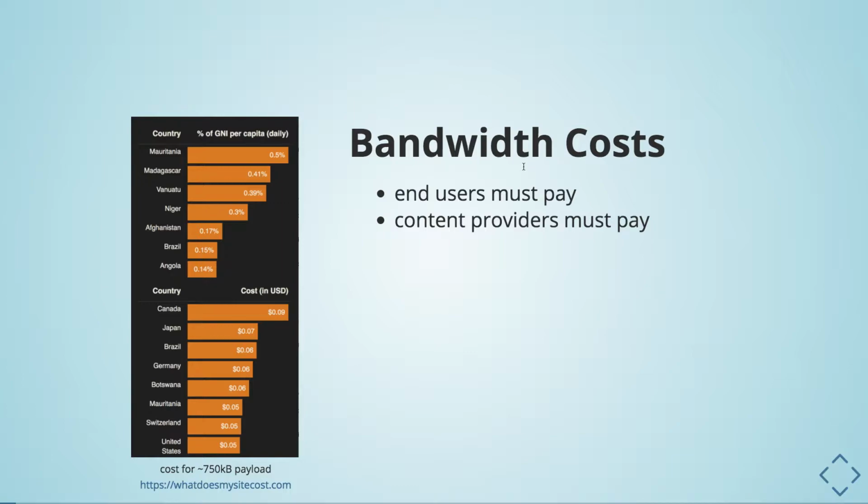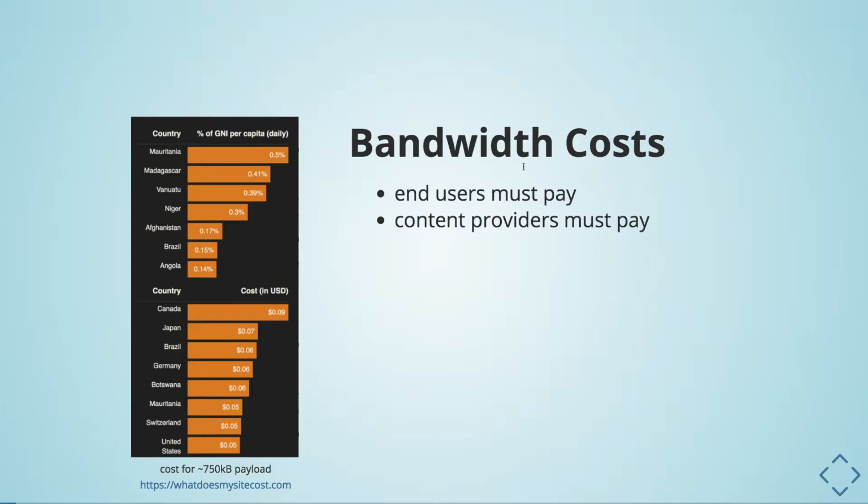There's this really interesting site called whatdoesmysitecost.com. You put in a URL, it'll download that page, and it'll tell you how much it costs people to download just that one page. The first chart is in terms of their income, a percentage of their daily income, and the second chart is just roughly.